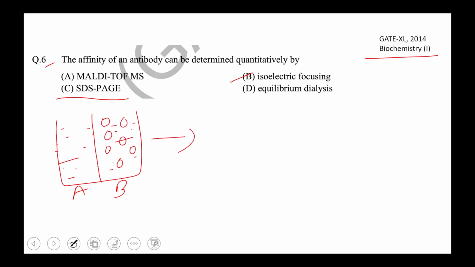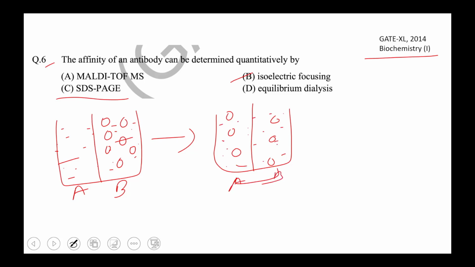After the dialysis, it tries to equilibrate because of the equal volume. The protein molecules will be equally separated because this is a porous layer that can be crossed by the protein molecules. If you take out both section A and section B and study, you will find 3 molecules of protein here and 3 molecules of protein here. That is, it is equally distributed in both of the sections.